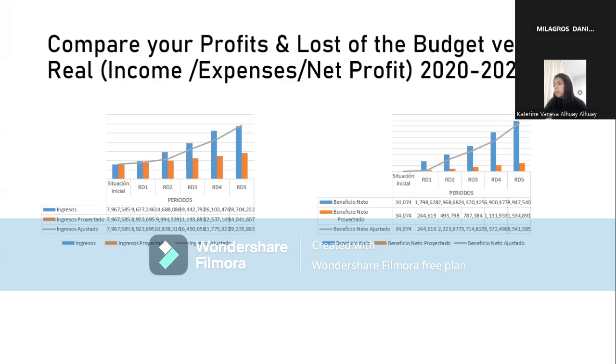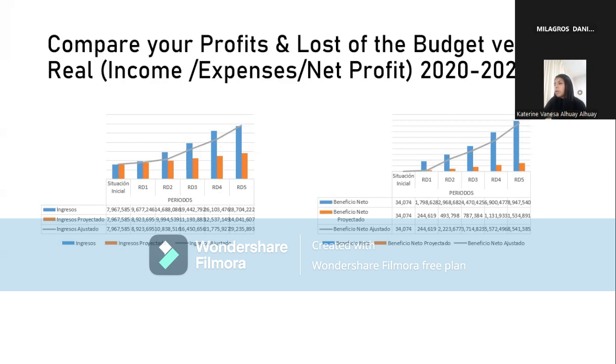And here in this other graphic, we can find the benefit, the net profit. 34,074 in the initial situation, in RD1 1,798,000, and in RD5 we can see an amount around 8,947,540.